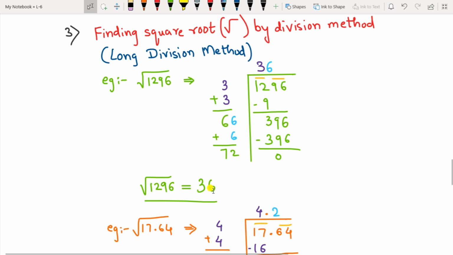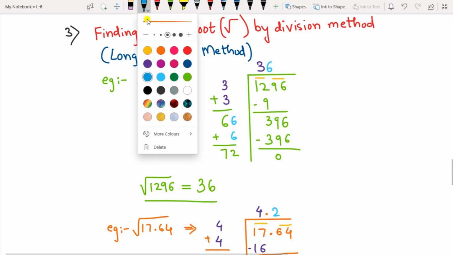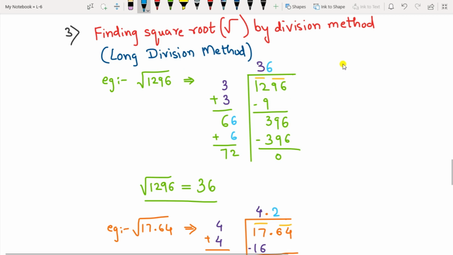Suppose, for example, you want to find the square root of a 3-digit number, like 625. Then how can we do it?